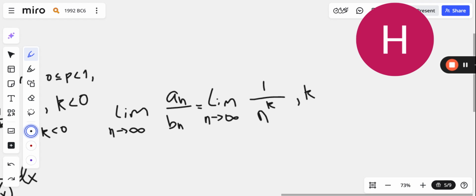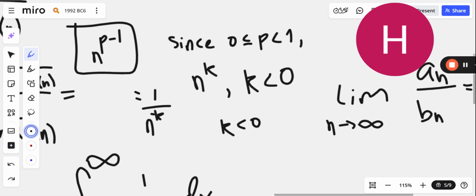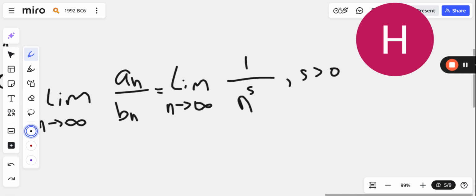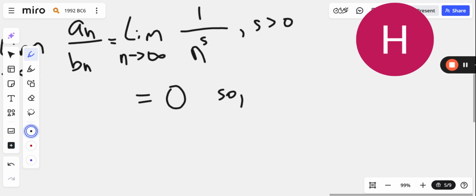Actually, we can now call it 1 over n to the s, where s is greater than 0, because we flipped it onto the bottom. k was negative, but if we flip it on the bottom, now it's positive. And this, of course, is going to be 0. Since that limit exists, it's a convergent number, we know that they either both converge together or they both diverge together.